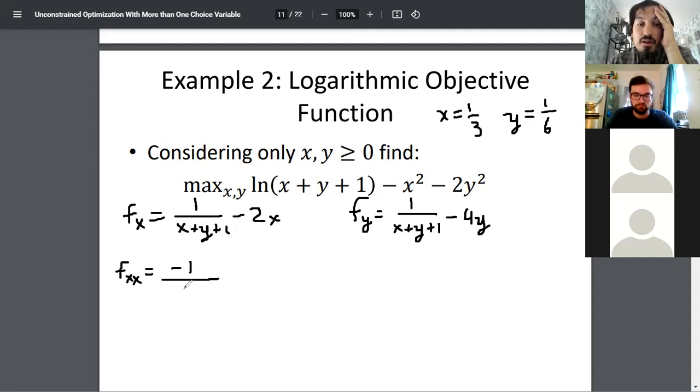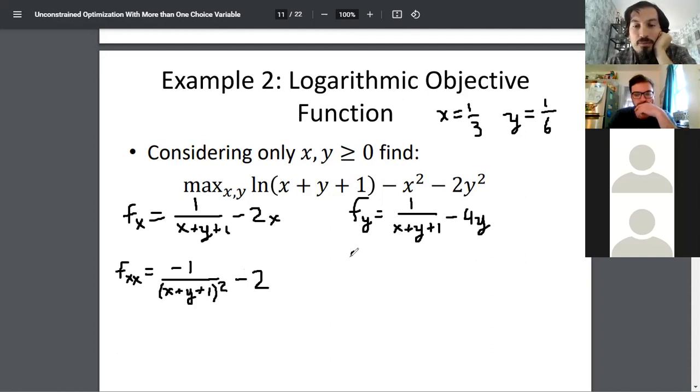I'm going to write that as -1 over x plus y plus 1 squared. But I think what you said was right. Does everyone agree with what, I think it was Jonathan, said? I think he's right. You could write this as -1 times this to the -2. It's the same thing. And did you mention the -2? Yeah, oh, perfect. That's right.